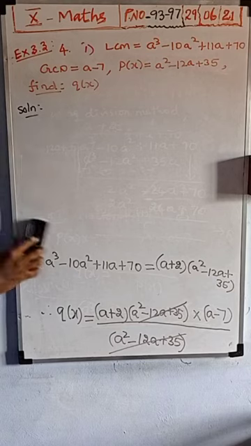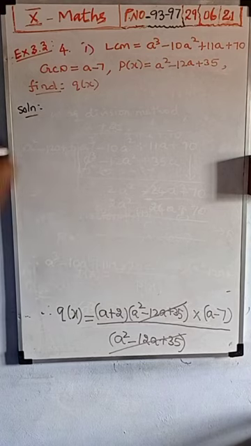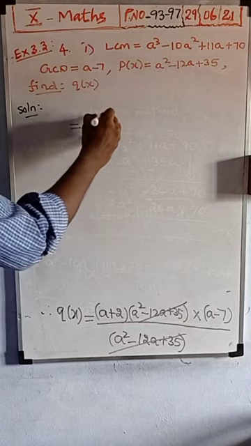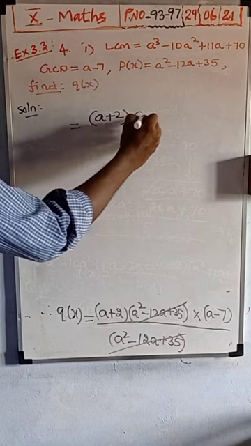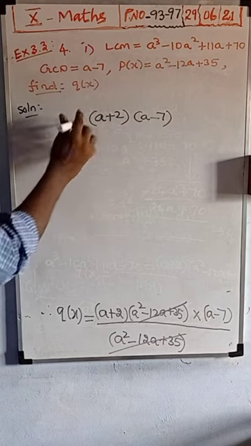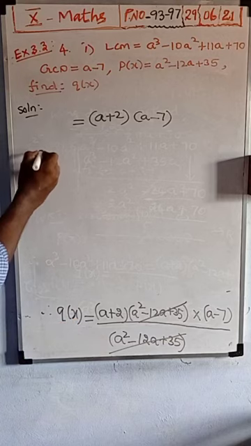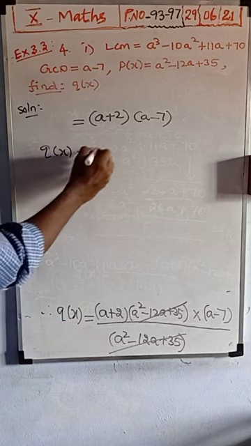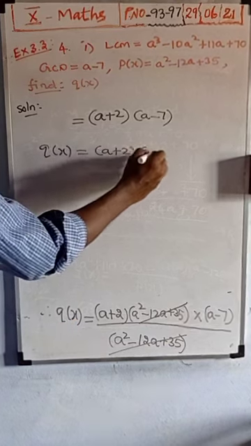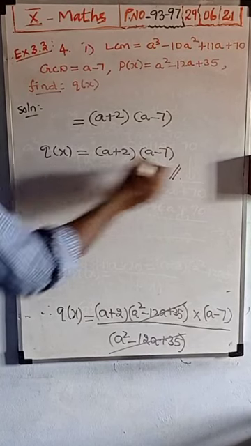Okay, that is the answer: a plus 2 into a minus 7. This is the remaining factor. Therefore q of x is a plus 2 into a minus 7. This is the answer.